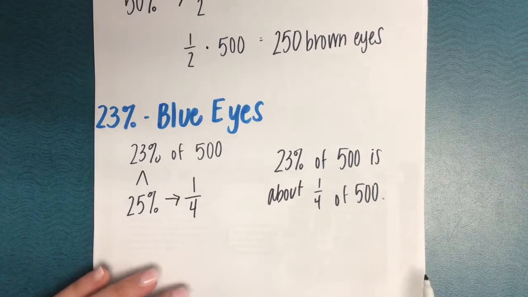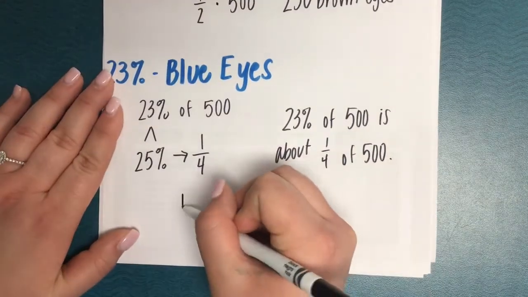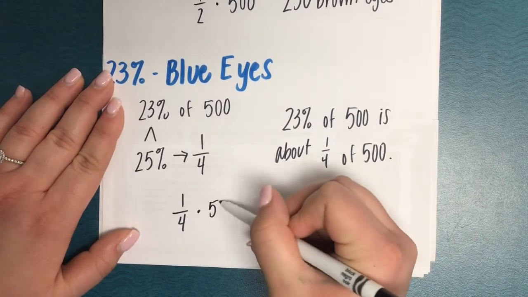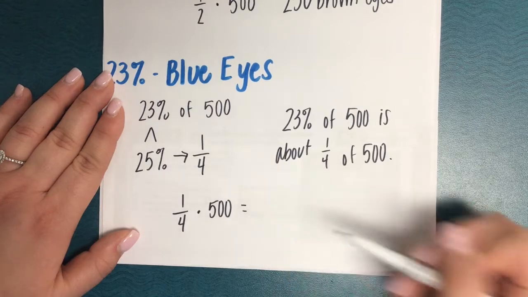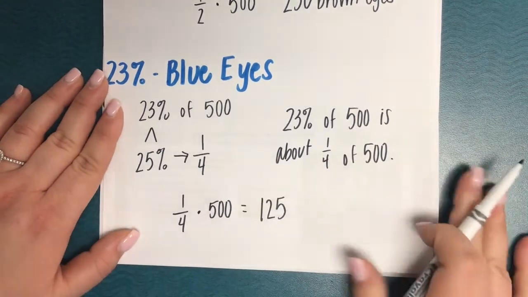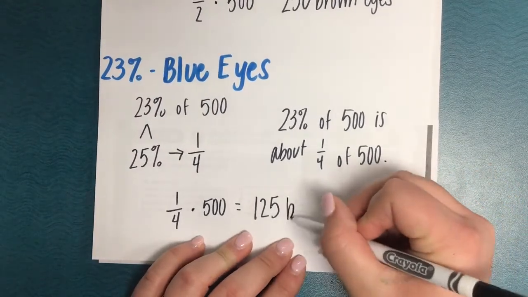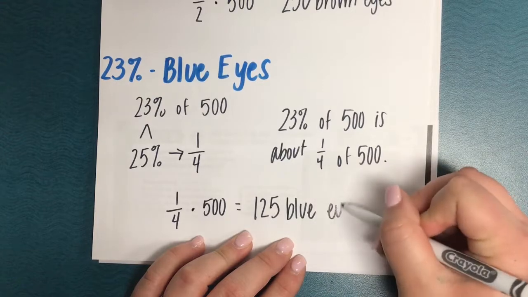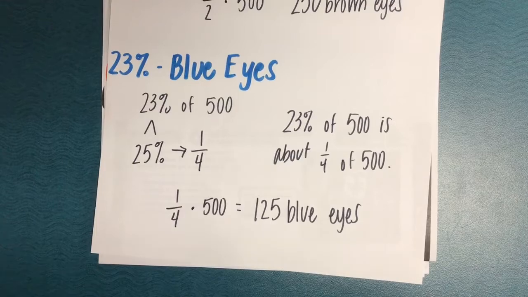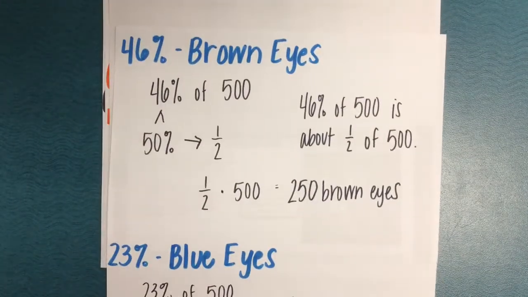So then we're going to take it to our multiplication, and we're going to do 1/4 times 500, and that's going to get us 125. Okay, so 125 students that have blue eyes. So that is one way, using equivalent fractions.